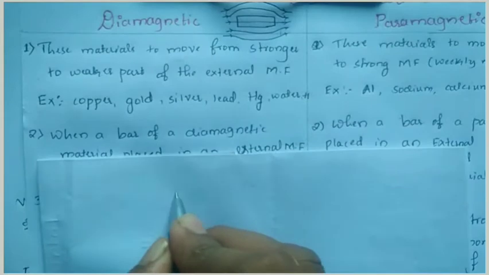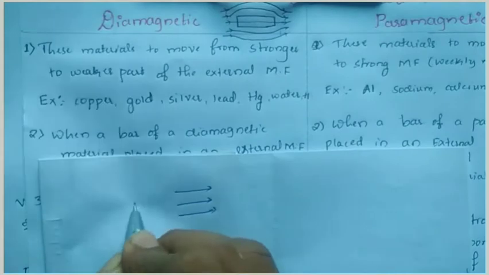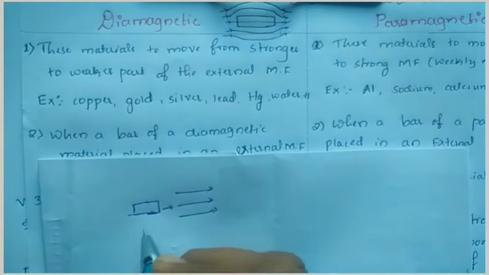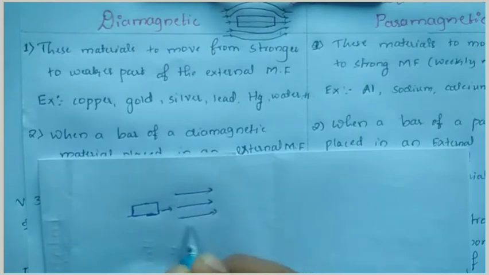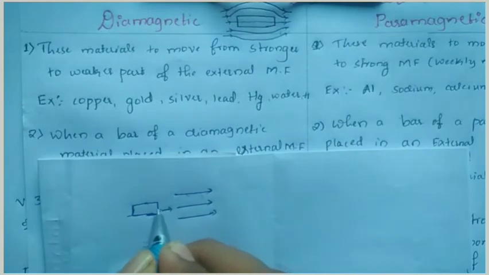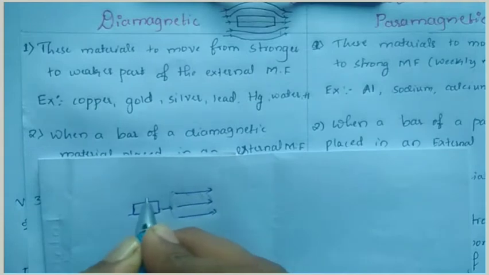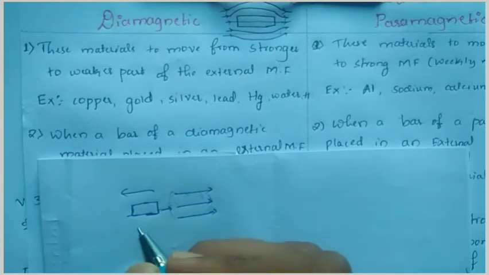If you take a diamagnetic material near an external magnetic field, the material will be repelled by the field. This is the strongest magnetic field, so it will be repelled, moving from the stronger magnetic field to the weaker magnetic field. These are the diamagnetic materials.